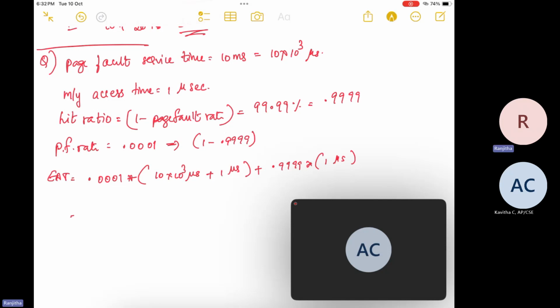Okay, this is 10 power minus 4, right? This value is 10 power minus 4.